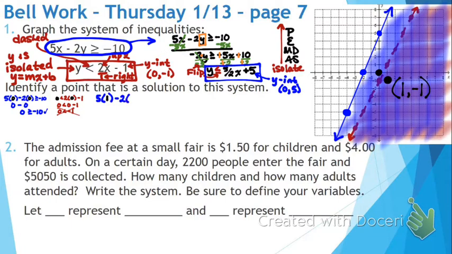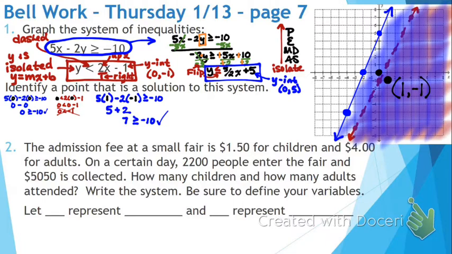Minus 2 times what goes in the place of y? Negative 1. It's greater than or equal to negative 10. What's 5 times 1? Negative 2 times negative 1. 2. 5 plus 2 is 7, bigger than negative 10. Is it to the right on the number line? Yes. So it works here.